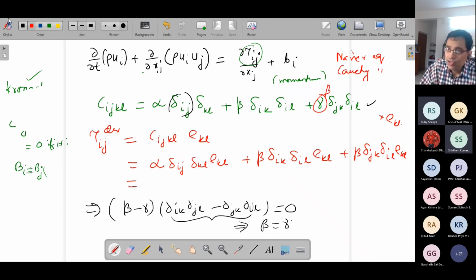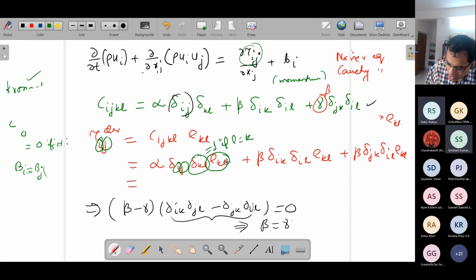Now remember, I and J we are not able to play with because they are fixed in the left hand side. We'll keep I and J. But K and L: delta KL is equal to 1 if L is equal to K. That is the definition of the Kronecker delta. So if L equal to K, this becomes EKK.